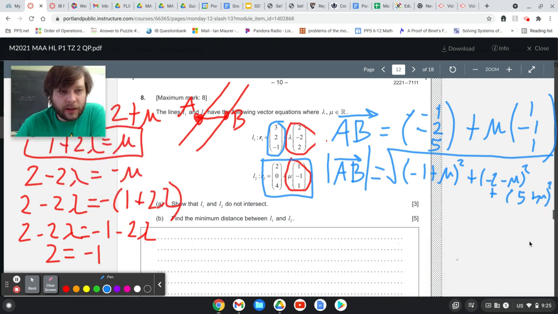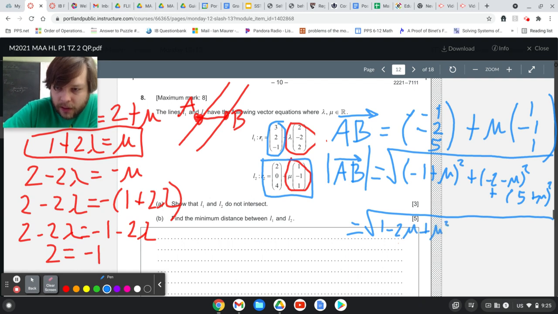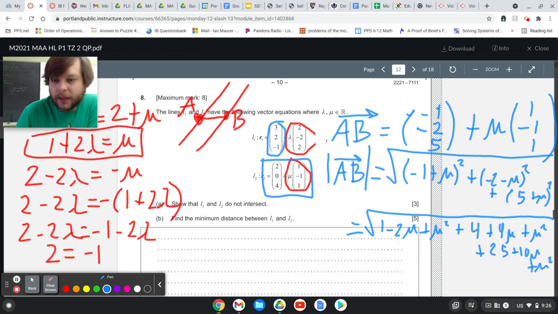Let's multiply all that business out. And so what do we have? Let's see, that's 1 minus 2 mu plus mu squared, then plus 4 mu plus mu squared, plus 25 plus 10 mu plus mu squared.